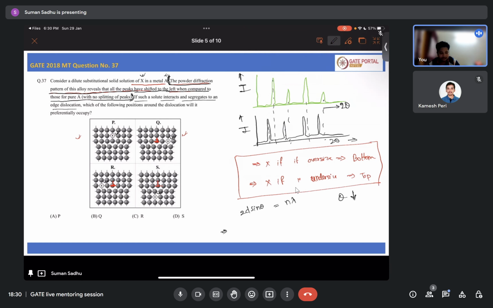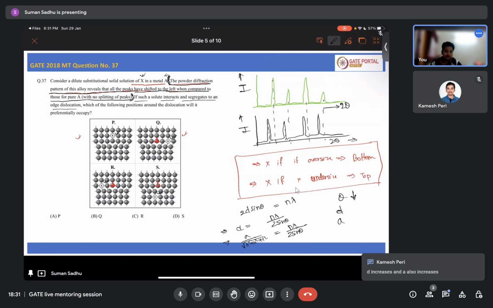So if theta is decreasing, how will your d and your lattice parameter vary? d is n lambda by 2 sine theta, and d is related to the lattice parameter by a by root over h square plus k square plus l square equal to n lambda by 2 sine theta. As theta decreases, your d increases and your a also increases.